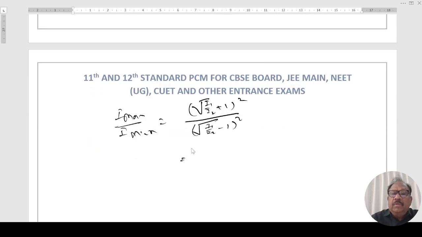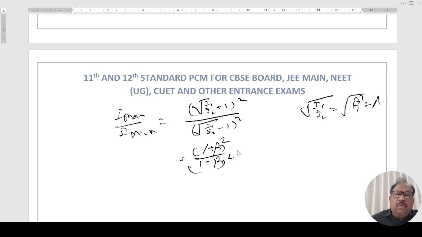That can be written as, root I1 over I2 will be under root beta square by 1, that is beta. So that is 1 plus beta whole square over 1 minus beta whole square.